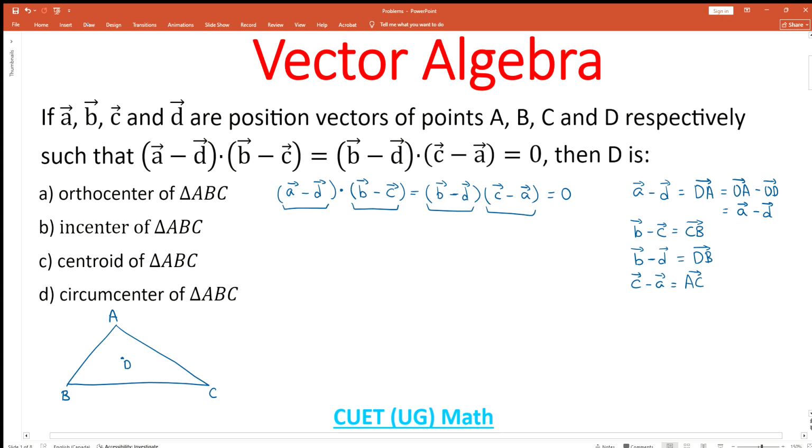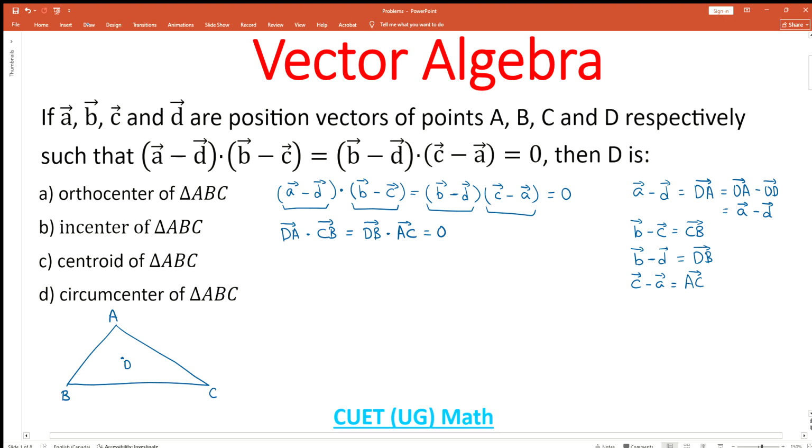Now we can do the substitution. For the subtraction of the position vectors, we should replace them with the vectors from the triangle. So I get vector DA dot vector CB equals vector DB dot vector AC is equal to 0.